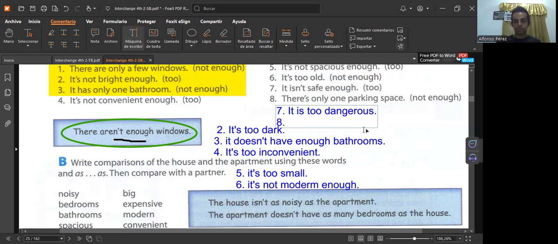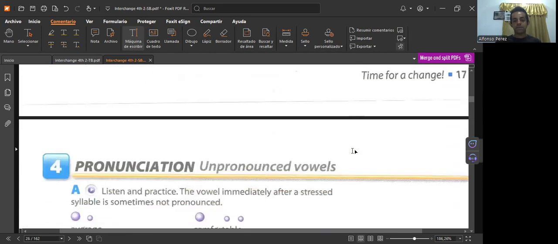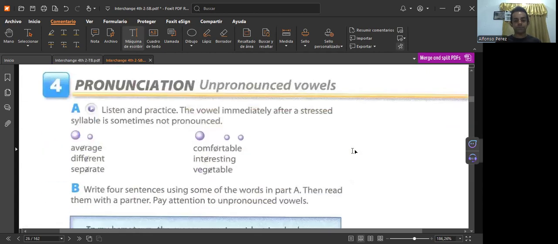So I say there's not enough parking spaces. Okay, that's it.